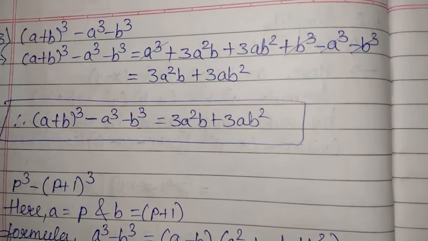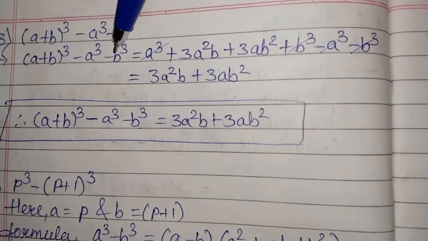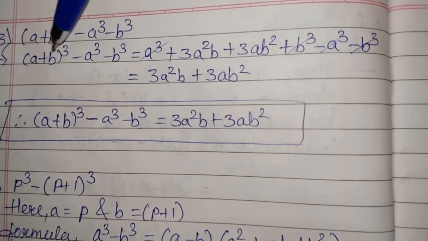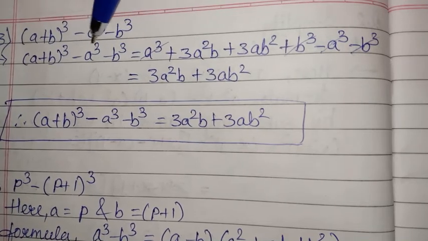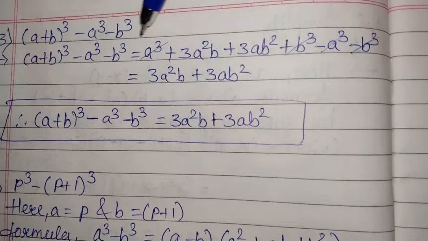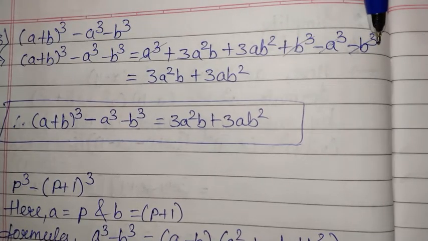Next is a plus b bracket cube minus a cube minus b cube. So this is a different sum. See, we'll write the solution of this bracket first, and this bracket solution we will write, and this a cube minus b cube we will keep as it is in the last step.